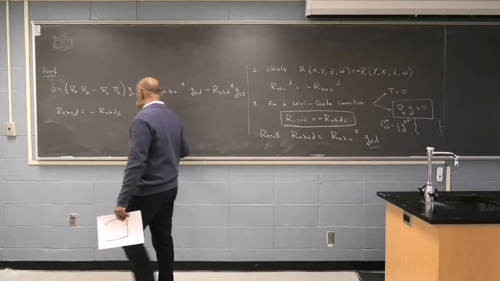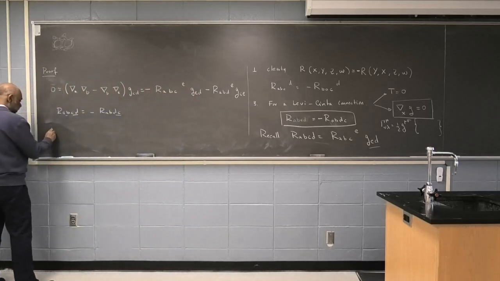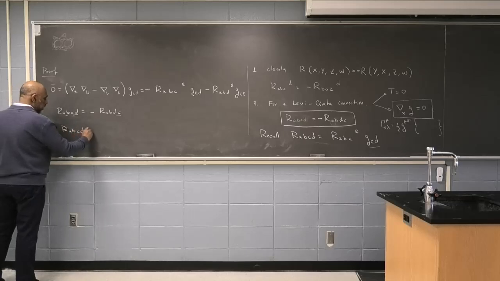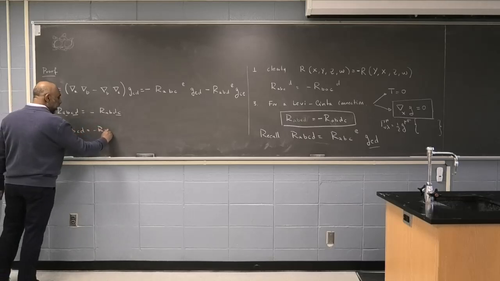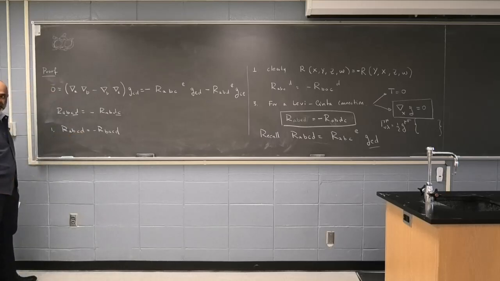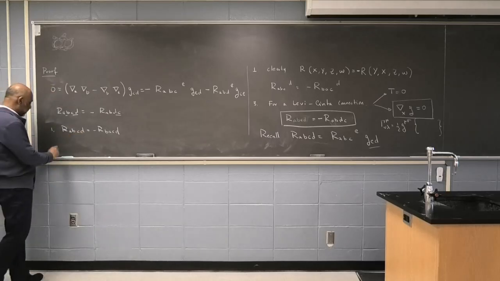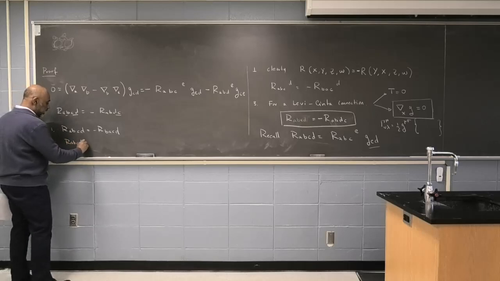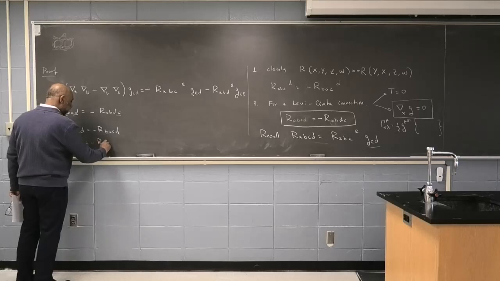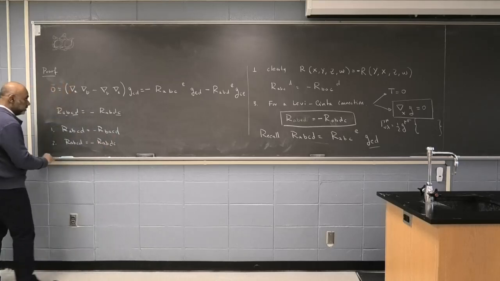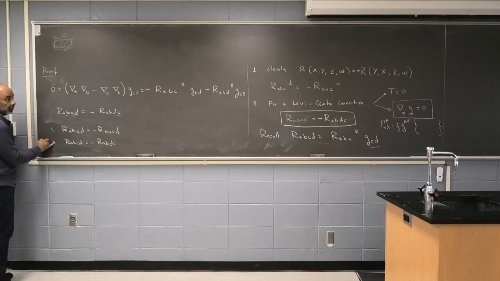So let me make it very clear, just a quick recap. The first one is R, A, B, C, D equals minus R, B, A, C, D. I can swap the first two indices and I get a minus sign. The second one is R, A, B, C, D, where I can swap the last two. That's the third one in the sequence.